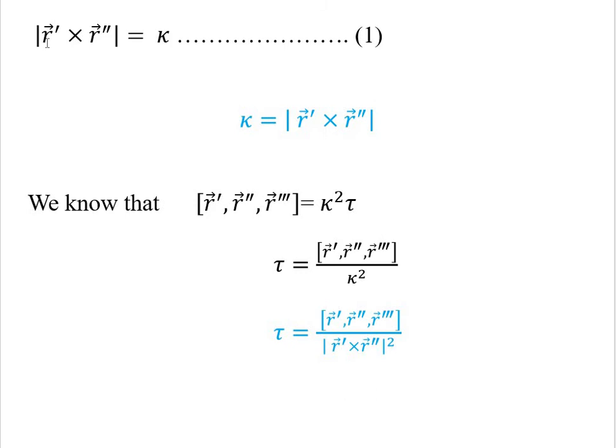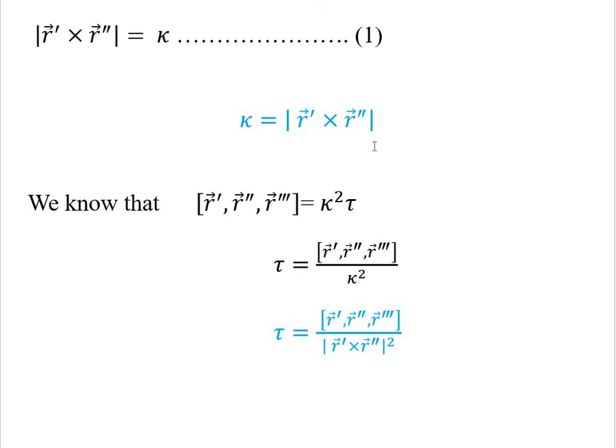Therefore mod of r vector dash cross r vector double dash equals kappa into mod b. But it is a unit vector, so mod b is 1. So we simply write kappa. From this equation, we say immediately the curvature kappa equals mod of r vector dash cross r vector double dash. It is an equation for curvature with the parameter s.